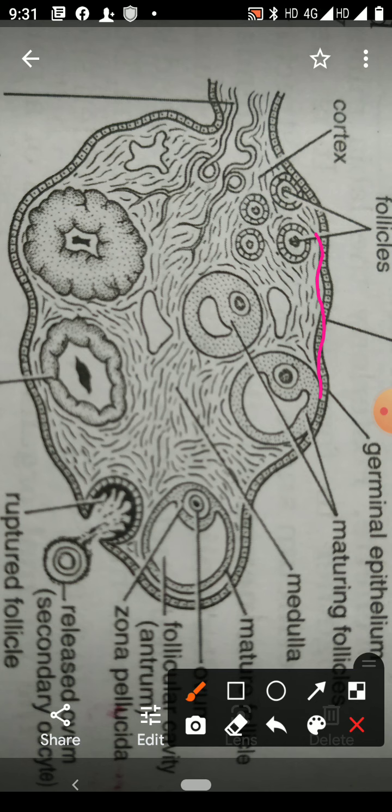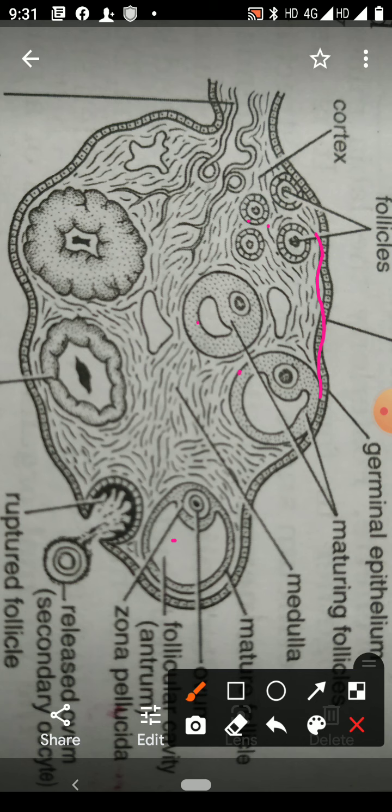Germinal epithelium produces follicles, and numerous follicles are present in different stages of development. So these follicles are known as ovarian follicles.